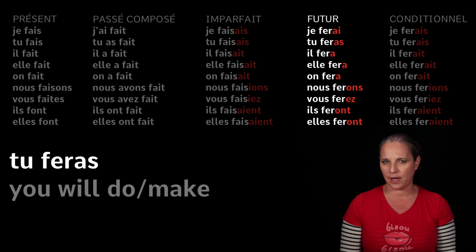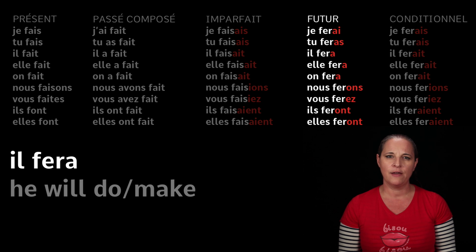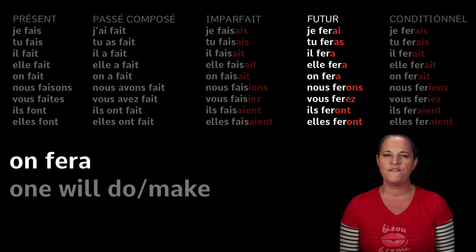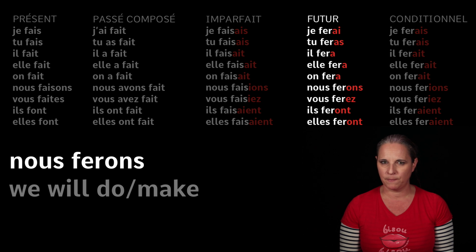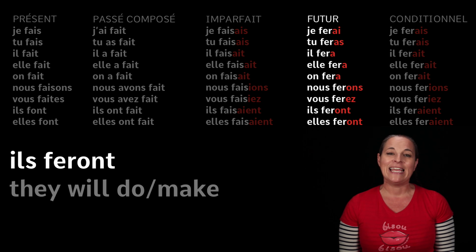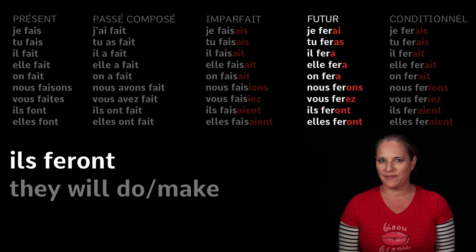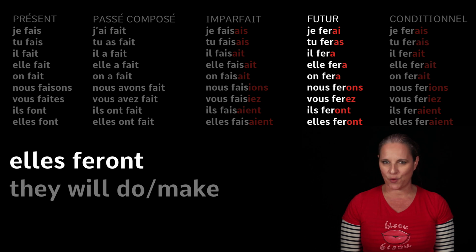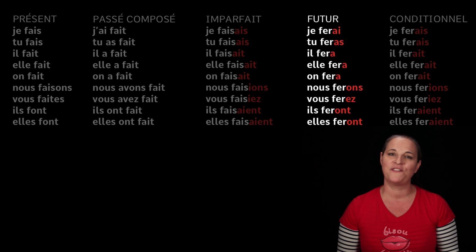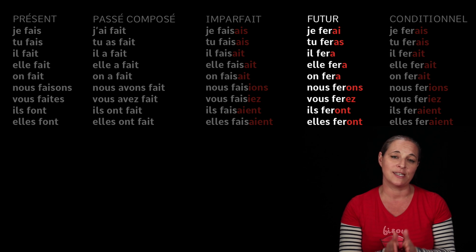Tu feras. Il fera. Elle fera. On fera. Nous ferons. Vous ferez. Ils feront. Elles feront. Très bien. So we've conjugated the same verb faire in the future tense, I will do.